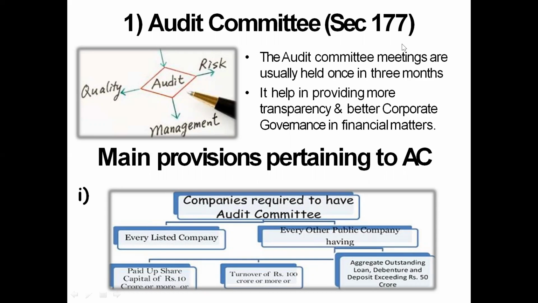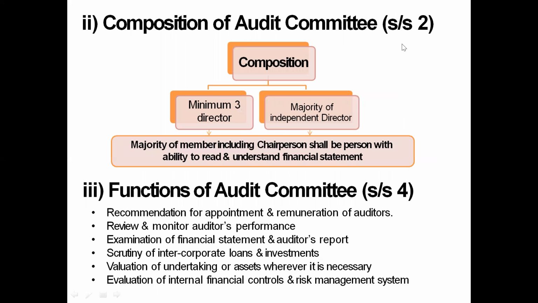First is every listed company, then every other public company having paid up share capital of 10 crore or more, turnover of 100 crore or more, aggregate outstanding loan, debenture, and deposit exceeding 50 crore. Those companies only, the audit committee has to be set up.